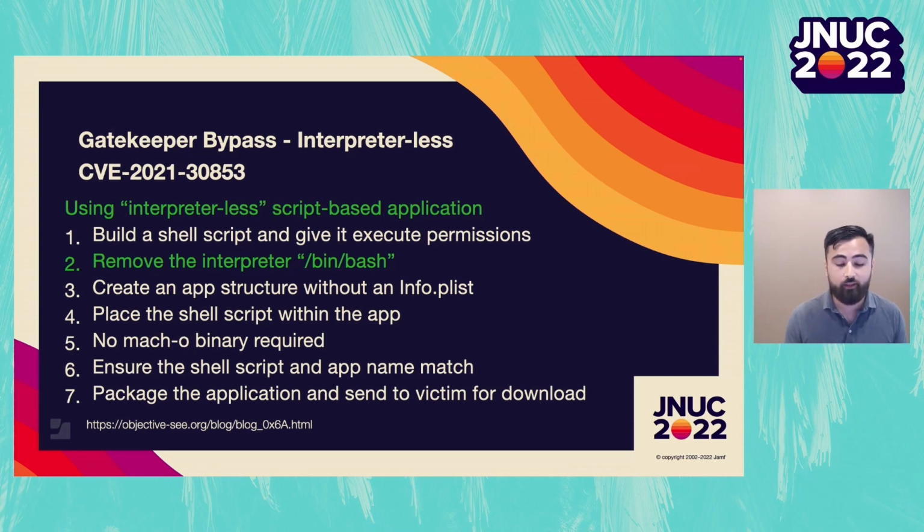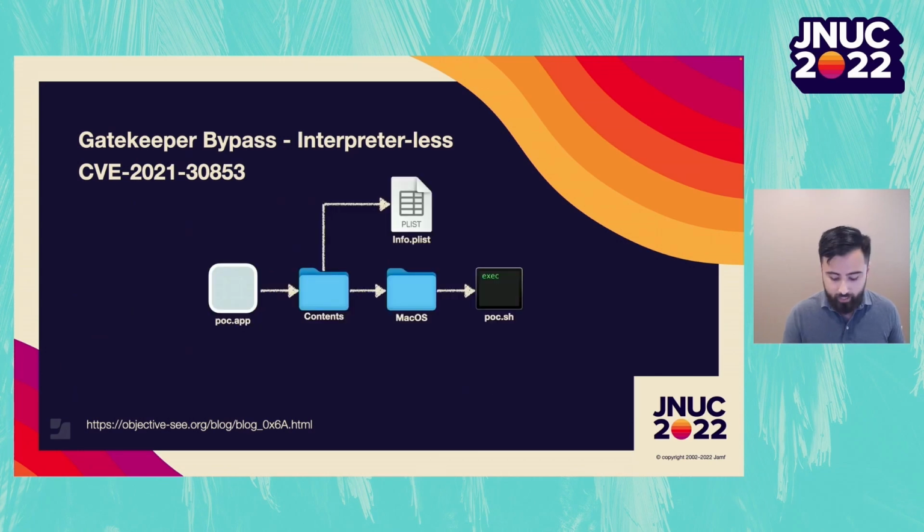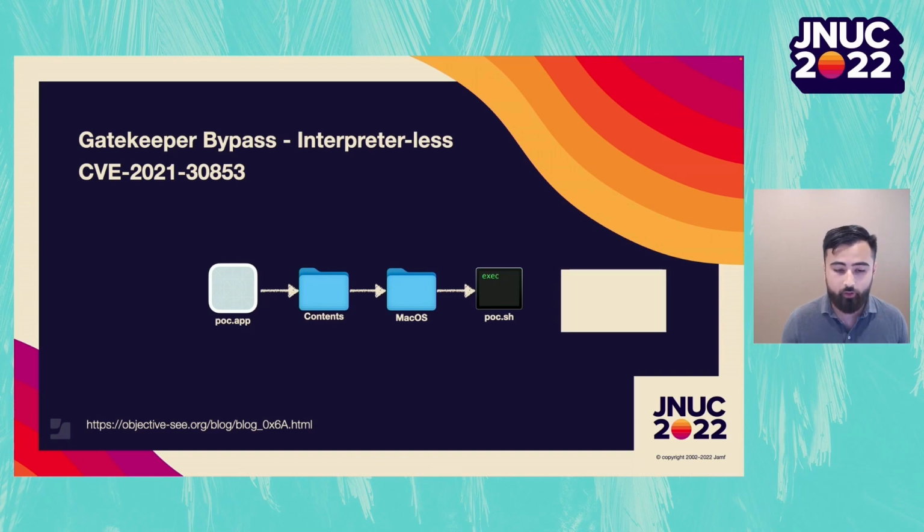So you just contain the shebang header within the shell script itself. What that looks like, again, we won't have an Info.plist, and this time the contents of our shell script would typically contain this, but instead we'll remove the interpreter portion of it. So what we'll be left with is just a shebang header, simply opening Calculator, which is allowed to bypass all of the Gatekeeper checks again.